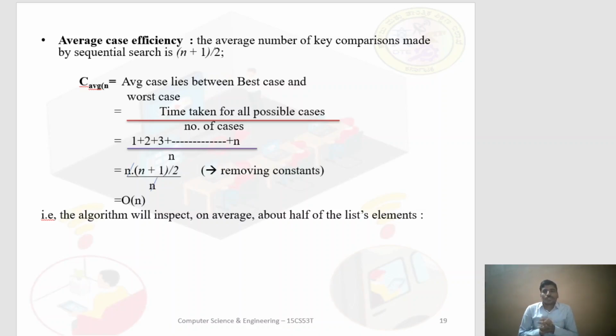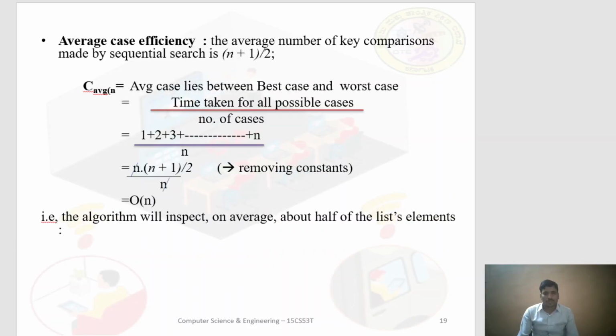Okay students, so here the comparison probability is distributed among all the possible cases. So the average number of key comparisons made by sequential search is n plus 1 by 2. Let us see how. So average case consider ಮಾಡಿದಾಗ, this average case lies between best case and worst case. So ಇಲ್ಲಿ ನಾವು ಏನು ಕನ್ಸಿಡರ್ ಮಾಡಬೇಕು, average case find out ಮಾಡೋಕೆ time taken for all possible cases.